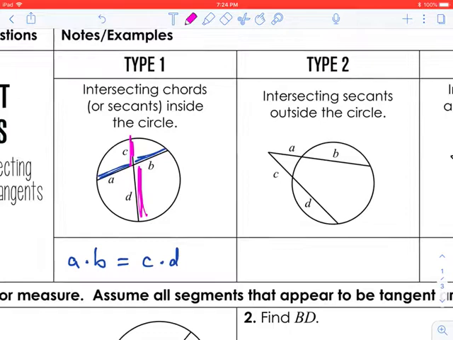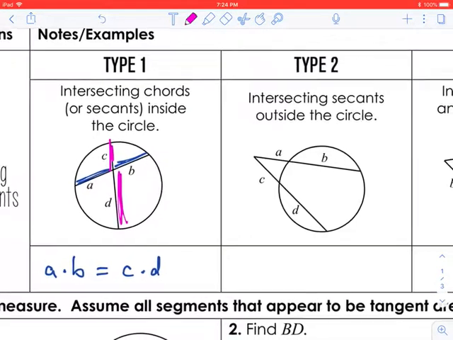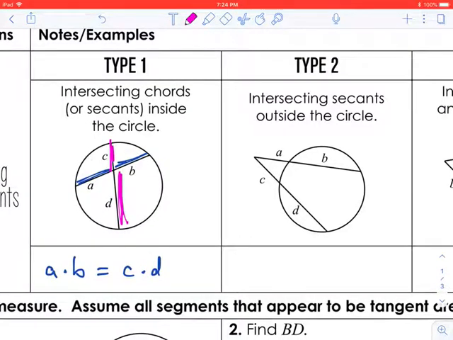And so when you look at intersecting secants outside of the circle, you kind of have a similar relationship there. But in this case, you're going to have the whole segment. And so in fact, I'm going to redraw this picture.